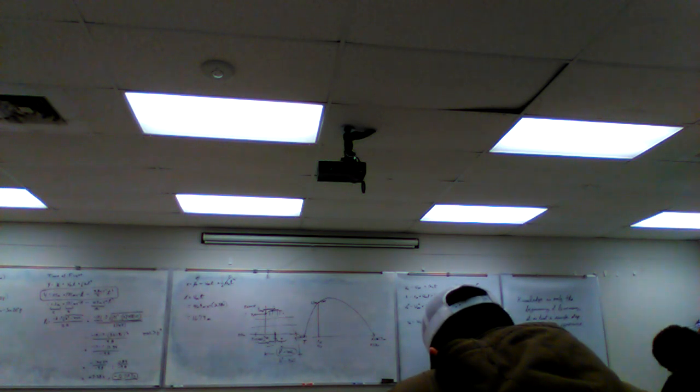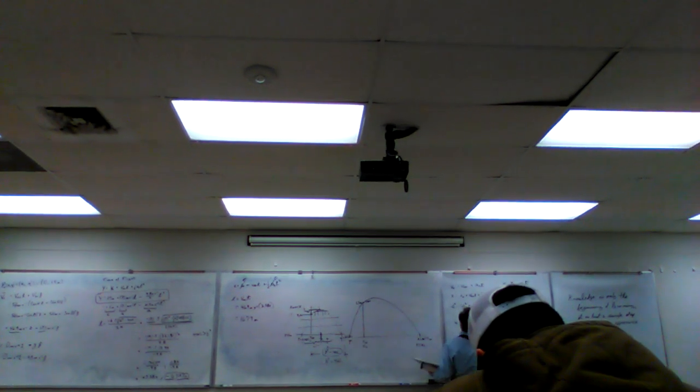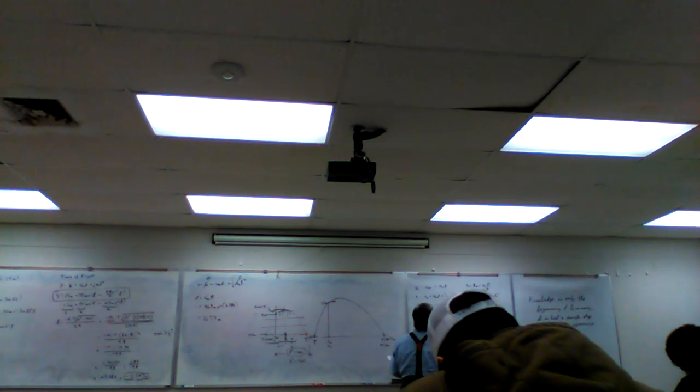Your horizontal velocity is just going to be your horizontal velocity. It's not going to change. And x is going to be x sub naught plus v sub x sub naught times t. And that's it.